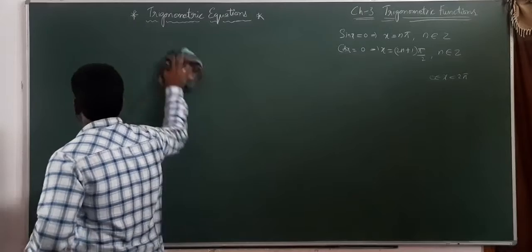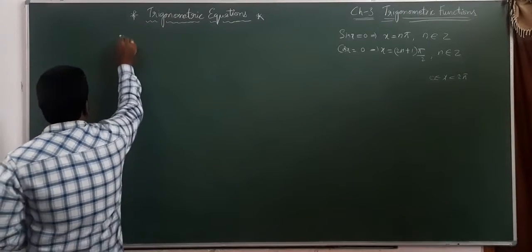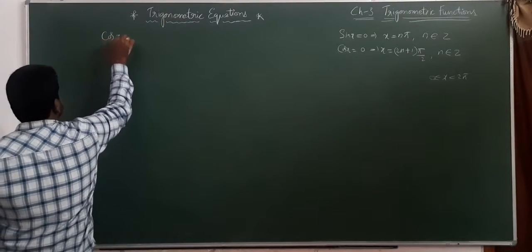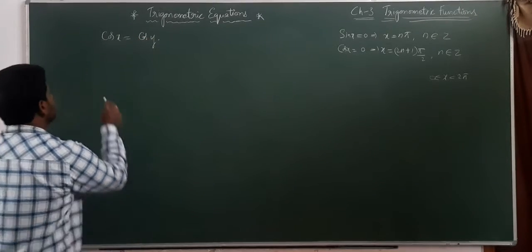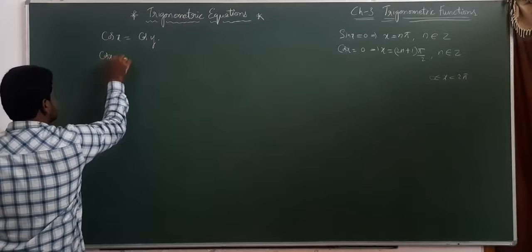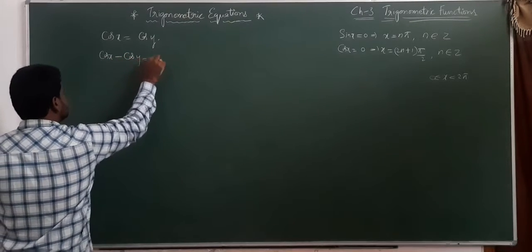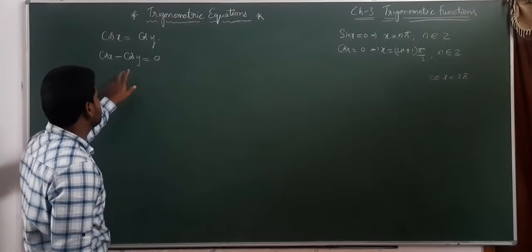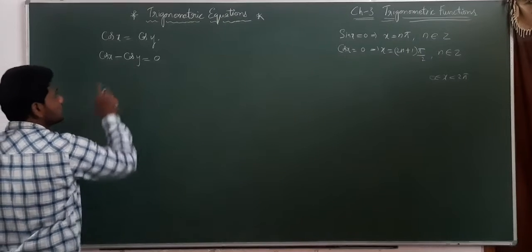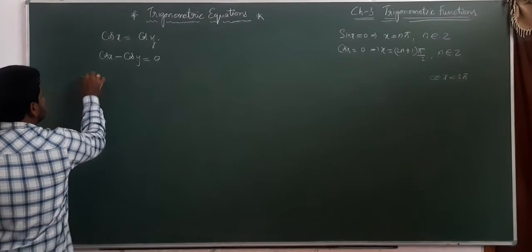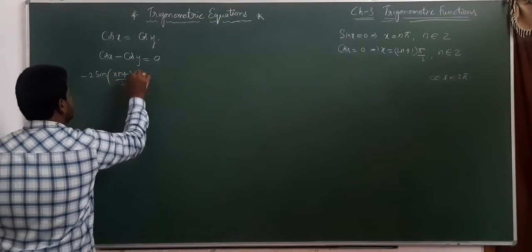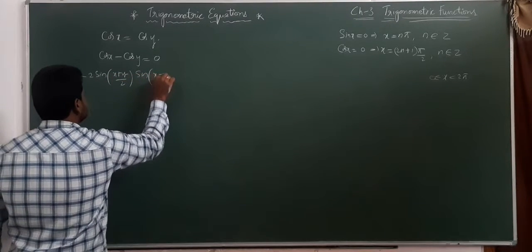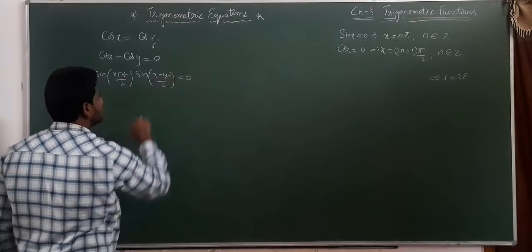Now what about cos? If cos x is equal to cos y, how can we write this? Cos x minus cos y equal to 0. This cos x minus cos y formula is minus 2 sin of x plus y by 2 into sin of x minus y by 2, which is equal to 0.